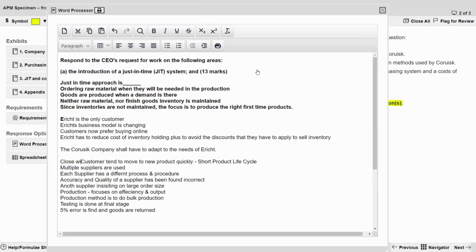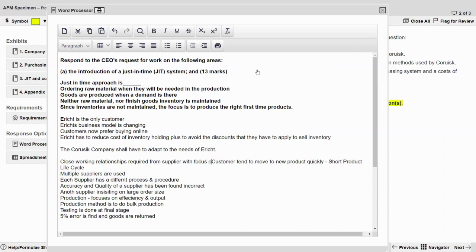Close working relationship required from suppliers with focus on quality, quantity, timely deliveries, and ensuring error-free work is performed.